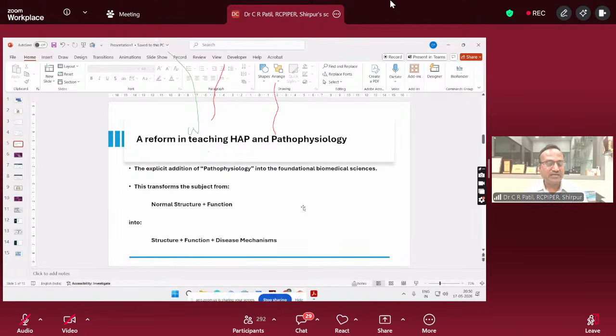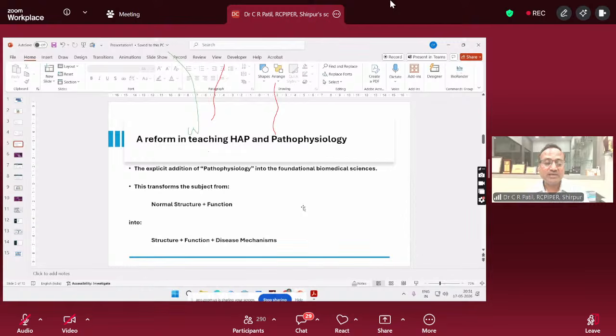This can be easily done if we prepare our lecture materials properly, use online tools, and manage our pedagogy accordingly. There is no need to worry about how to deliver this content. So my suggestion to all teachers who are looking at HAP and pathophysiology is to take this as an opportunity.